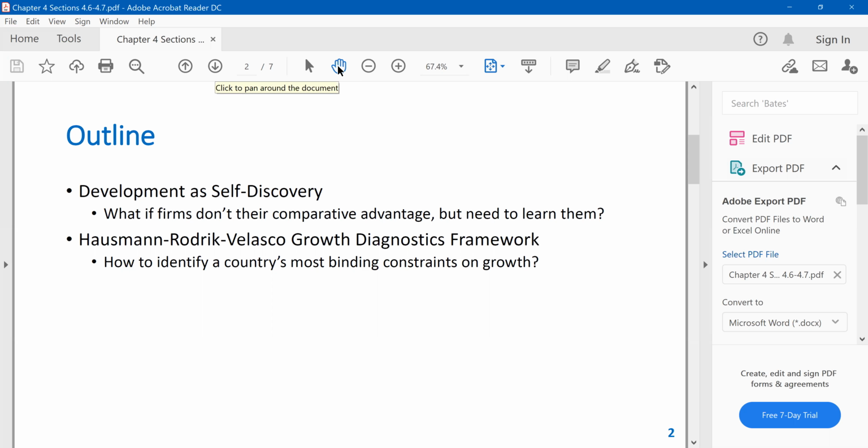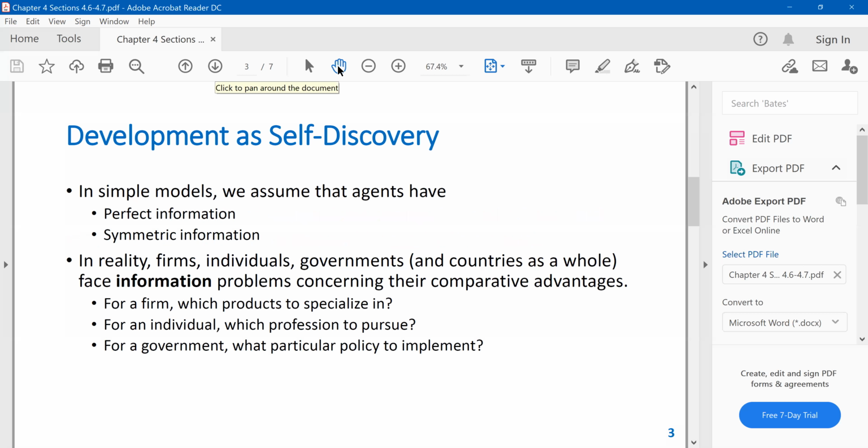So there must be a set of obstacles or binding constraints, to be more specific. Because of these constraints, growth does not take place. Because of these constraints, technological progress is not there. Because of these constraints, entrepreneurship is not working, etc. Okay, so we're going to look at these approaches.